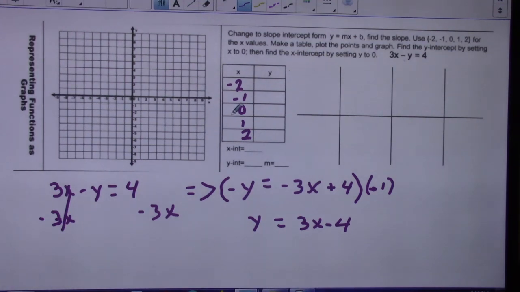And then it says, if we plug in for these things here, well, I know if we plug in 0, we're going to get -4, right? And what's our slope for this thing? 3. So we can just add 3, can't we? -1 plus 3, that's going to be 2. And if we go the other way, -4 minus 3, that's -7. And then subtract another 3, we get -10.